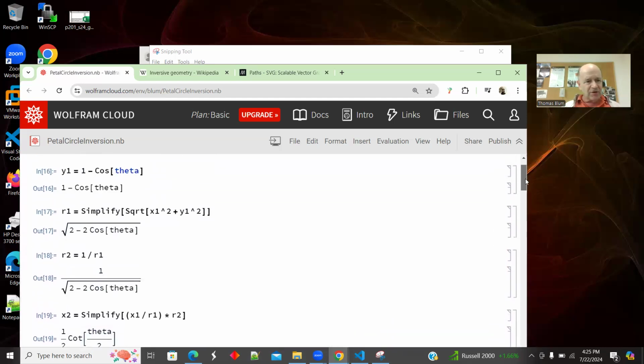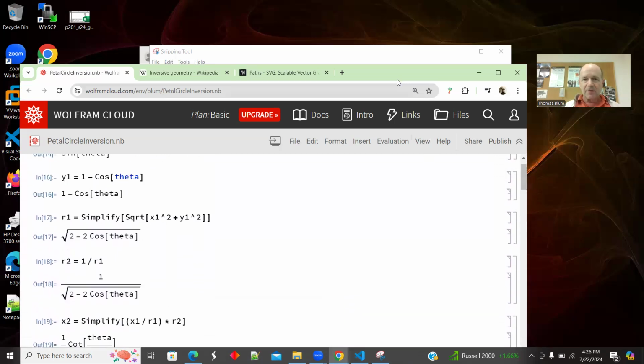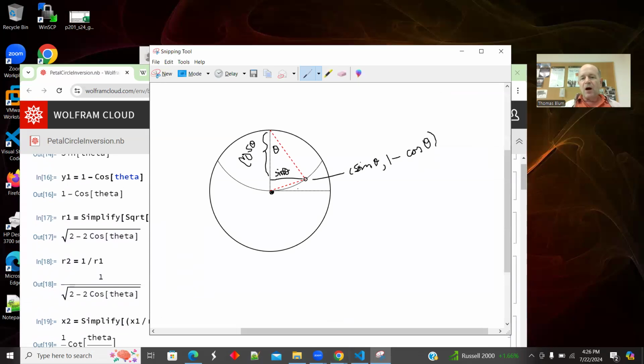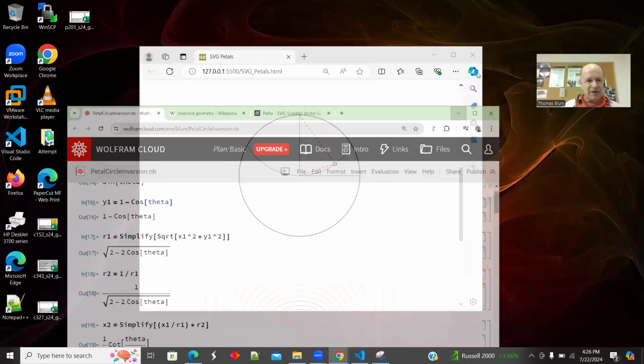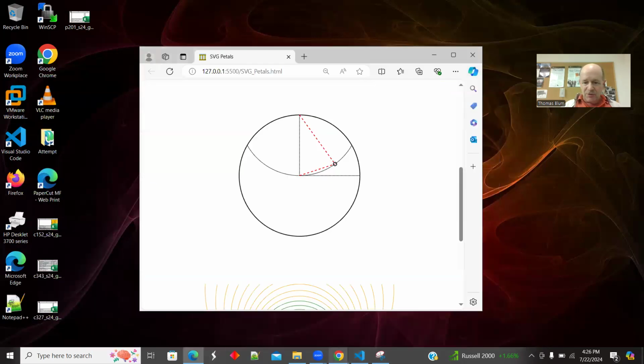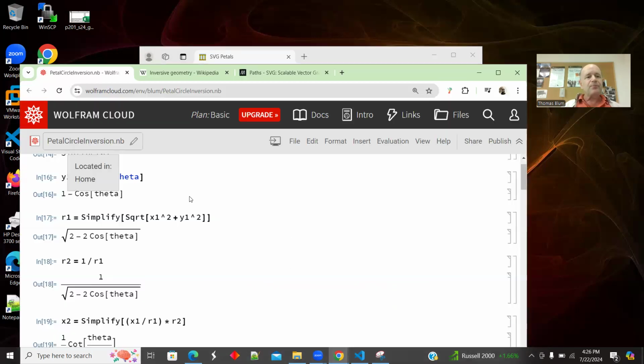And you can sort of play the game that I can relate these values, the cosine and the sine, and get tangents and cotangents and do all sorts of trig identities.